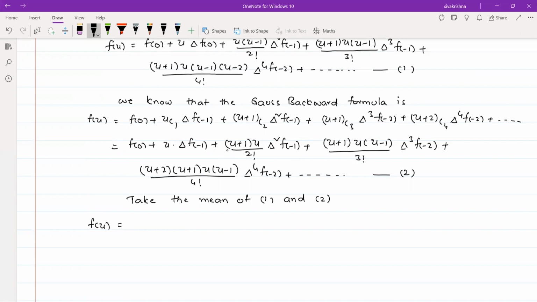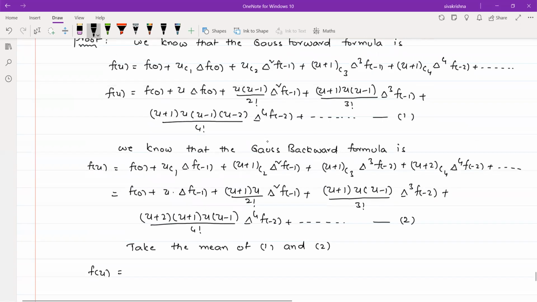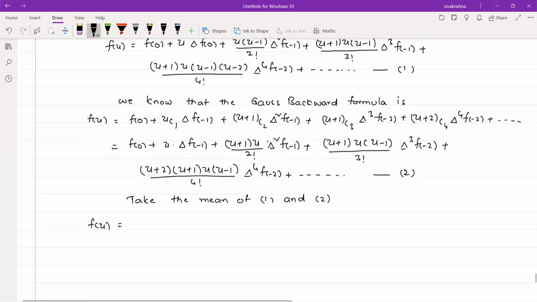Coming to the RHS, we are going to write the mean for each and every term. In equation 1 the first term is f of 0, and in equation 2 also the first term is f of 0. To write the mean for those two terms, we write f of 0 plus f of 0 by 2.